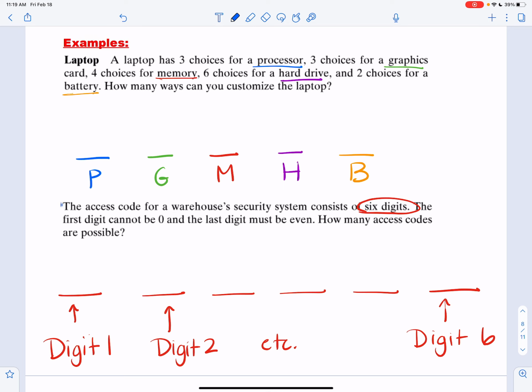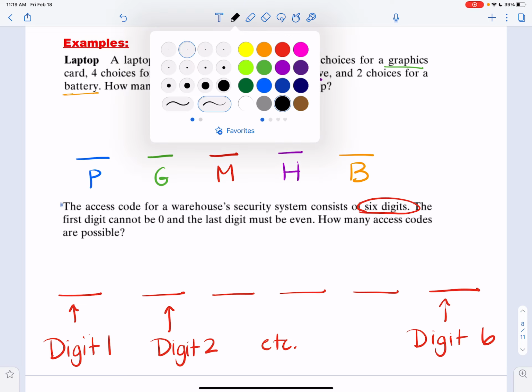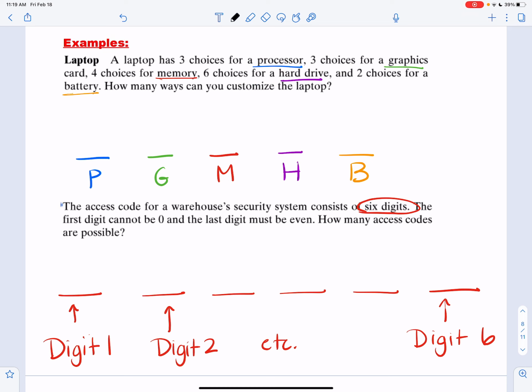And again, it's used anytime we want to look at a situation where we have multiple things happening, and we want to know how many possibilities there are. So here we're customizing a laptop, and we have 5 different things to be considered. You'll notice what I did down here is I just laid out each thing that I need to look at. And then what I'm going to do is go through and just list the number of outcomes for each one.